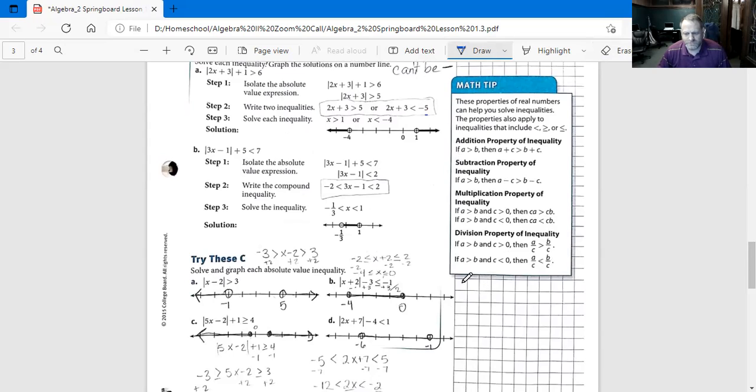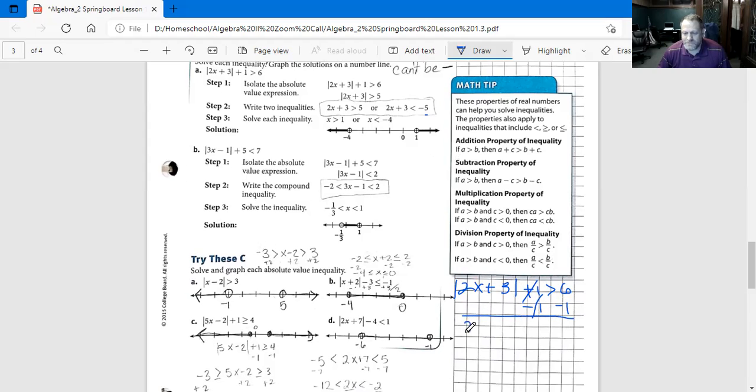All right, so the absolute value of 2x plus 3, plus 1, is greater than 6. Get rid of that 1 from both sides, and cancel and cancel.